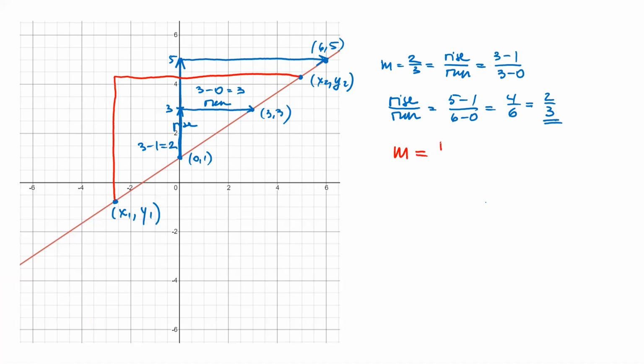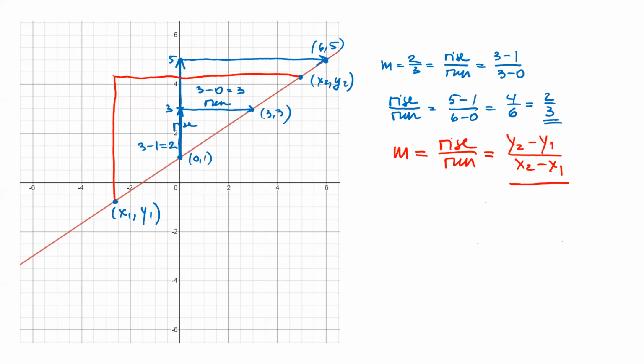So m as a rise over run equals y sub 2 minus y sub 1 over x sub 2 minus x sub 1. And this actually is the formula that you will find in all mathematical books, a formula to find the slope if you are given the coordinates of 2 points that lay on the line.